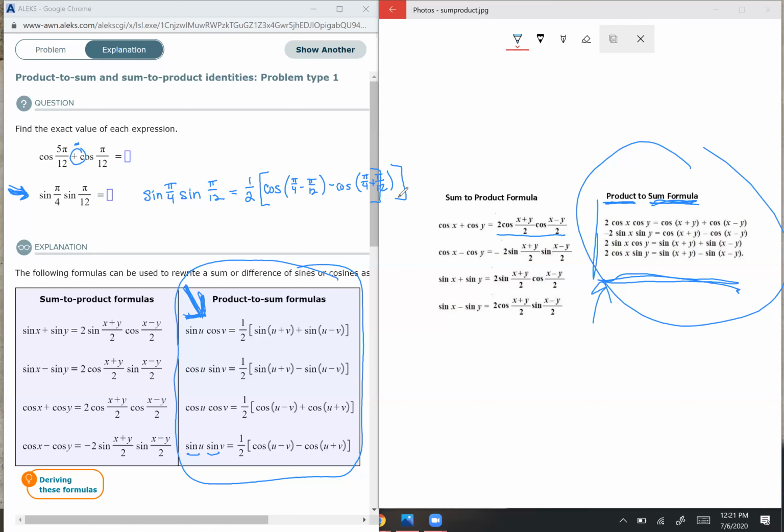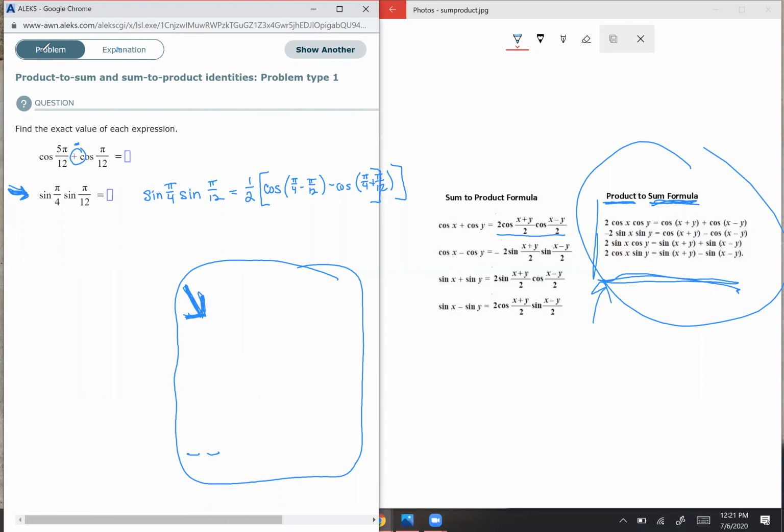All right, so that's what we have. Now I'm going to take off the explanation so we have more space here. All right, so I need to continue working this problem. Oh, eraser, guys. Perfect. Okay, so I'm going to continue working this problem.